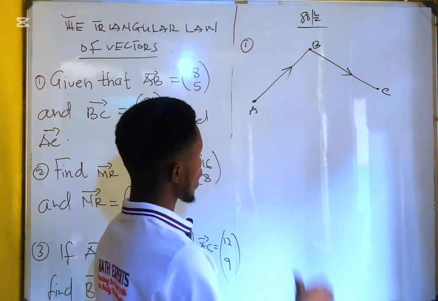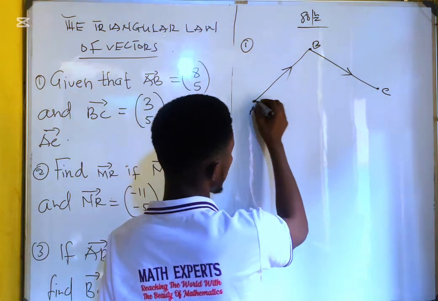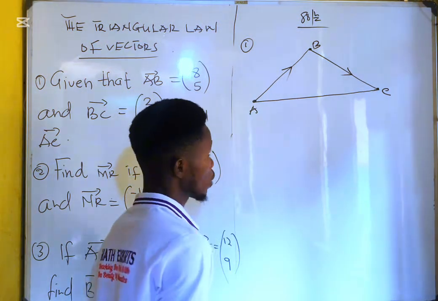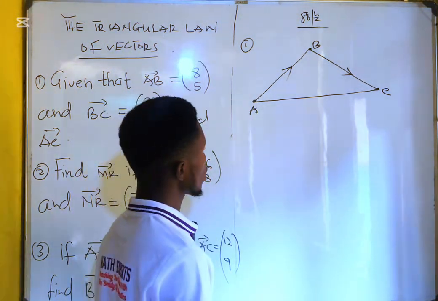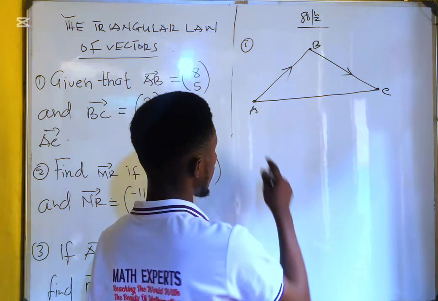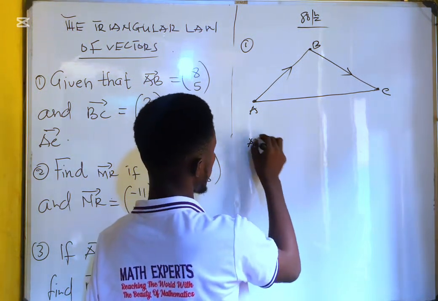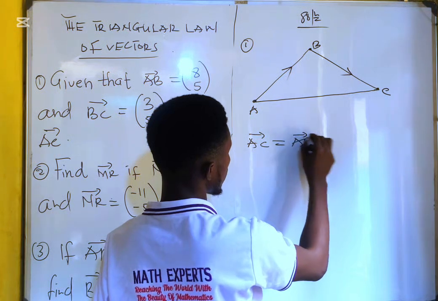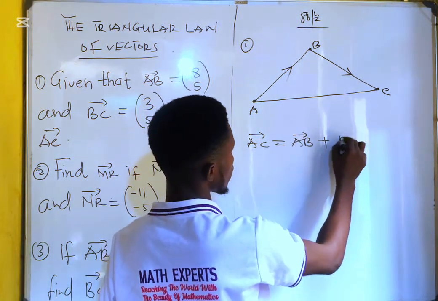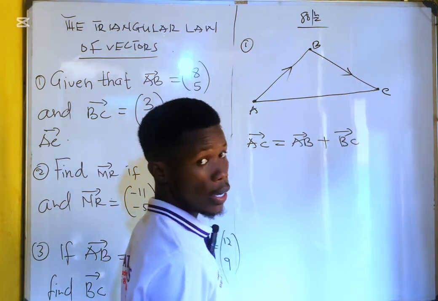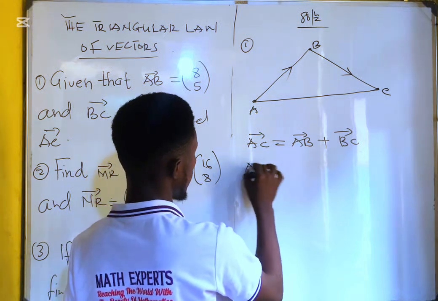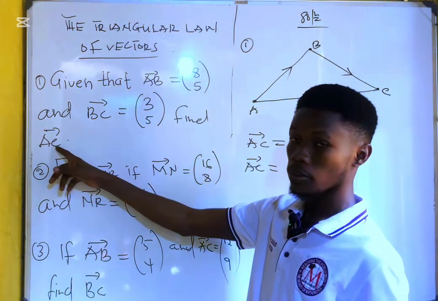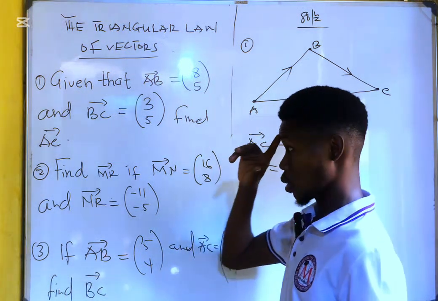Now, if you want to form a triangle of this, you just join this one to this. So in this case, the formula becomes AC equals AB plus BC. The question says you should find AC.